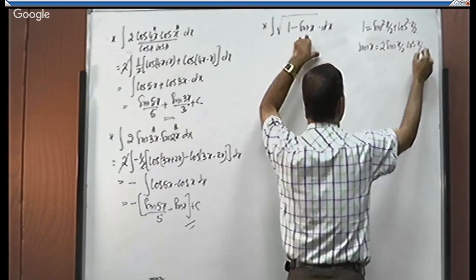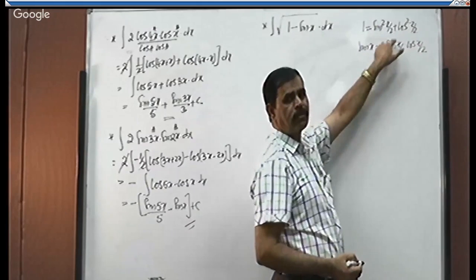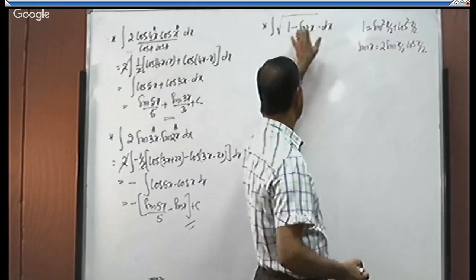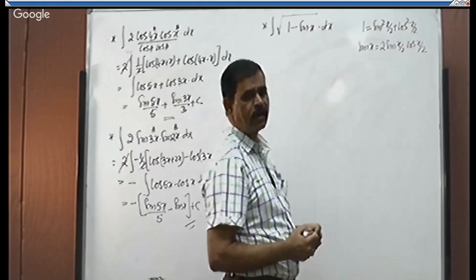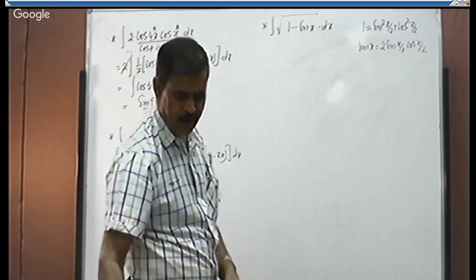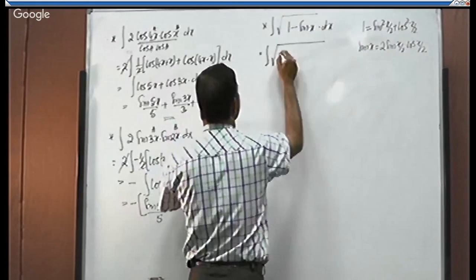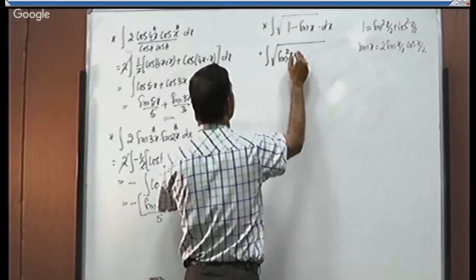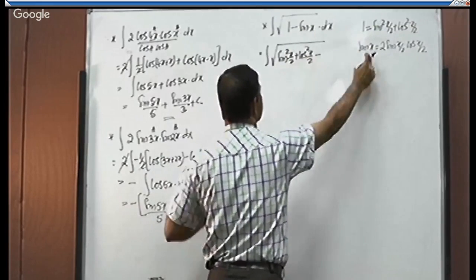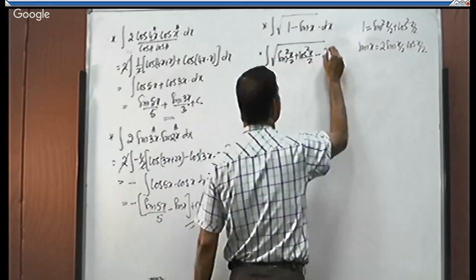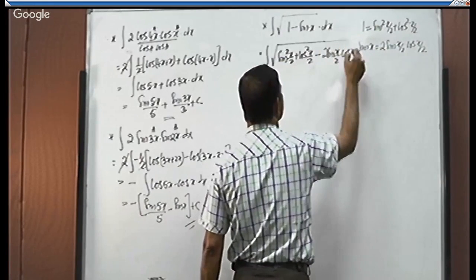It is a submultiple angle form. When we take sin x in sin x by 2 cos x by 2 form, I should take 1 in terms of x by 2 only. Sin square theta plus cos square theta is 1, right? So just replace 1 by sin square x by 2 plus cos square x by 2 minus sin x, which can be taken as 2 sin x by 2 into cos x by 2, into dx.